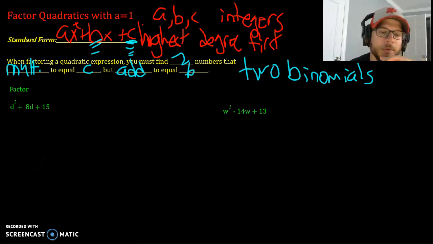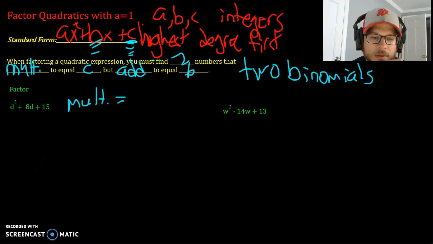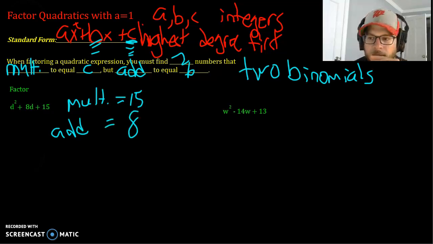So for this first example, we're trying to find two numbers that multiply to equal 15. But then at the same time, two numbers that add to equal your 8.